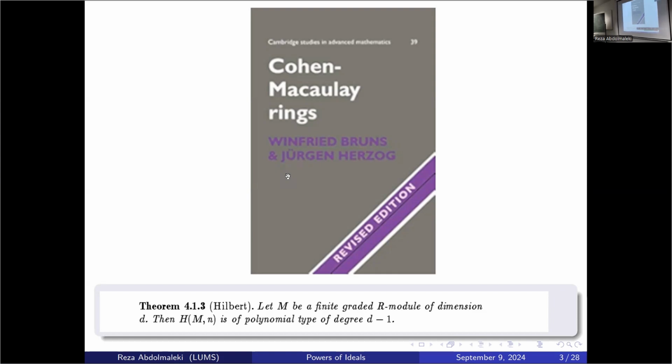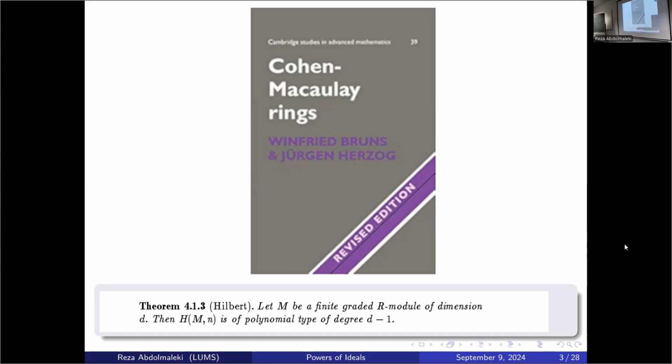This is the famous theorem of Hilbert, which says the Hilbert function of a finitely generated graded R-module is of polynomial type. That means from a certain point on, for large enough powers, it's just a polynomial.